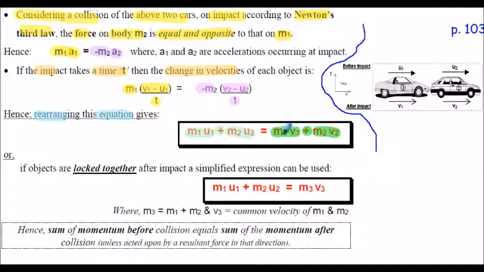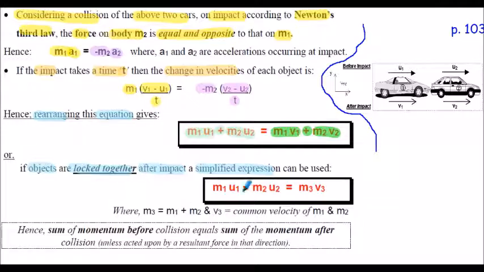This equation also assumes that the two bodies have different velocities after impact. In some of the questions, the objects, the cars in this case, can be locked together after impact, and this slightly simplifies the expression.